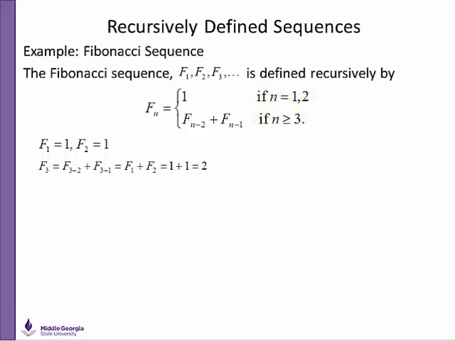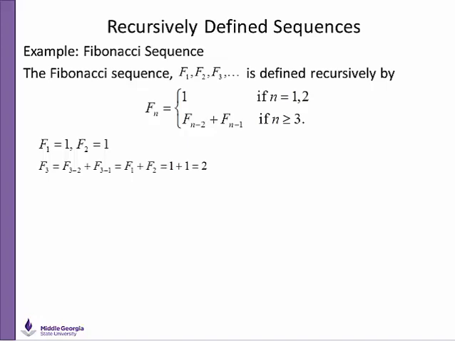So, unlike the previous explicitly defined sequences, we can't immediately find any a sub n, like a sub 5, because f sub 5 depends on f sub 4 and f sub 3, the two in the sequence right before it.